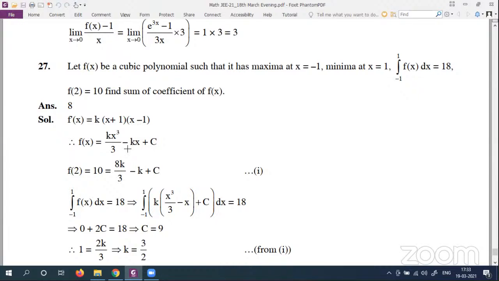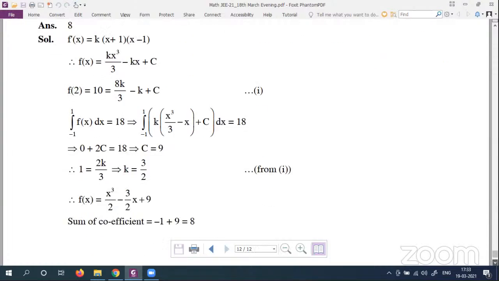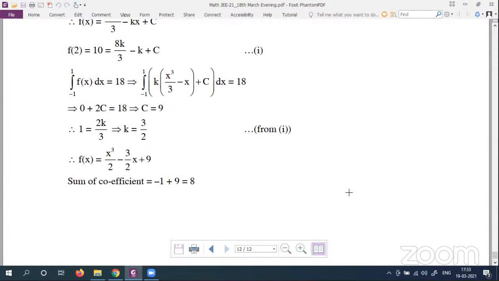So integrating, we get the function and f of 2 is given. So from that we can get one equation in terms of k and c. The second equation can be obtained from the integration formula. And from there we get the sum of coefficients as 8. Thank you.